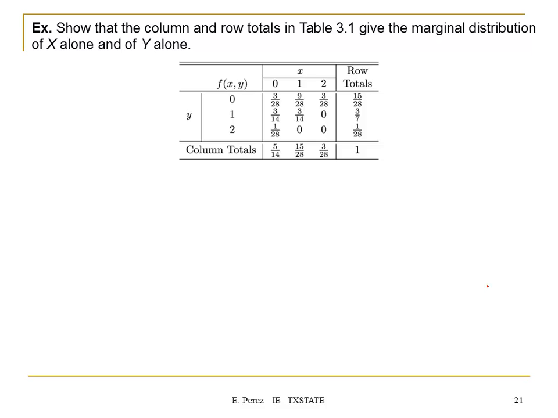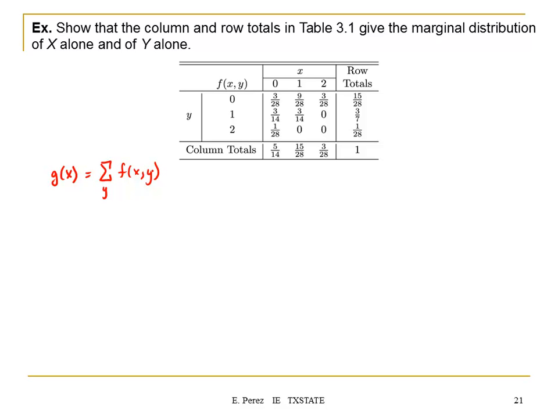So again, looking at the same example, I just want to make this concept very clear. If I ask you to show that the column and row totals in table 3.1 give the marginal distribution of x alone and y alone, this is what I just explained. We know that the marginal distribution of x is given by the summation, in terms of y, of f of x y, which is the joint.